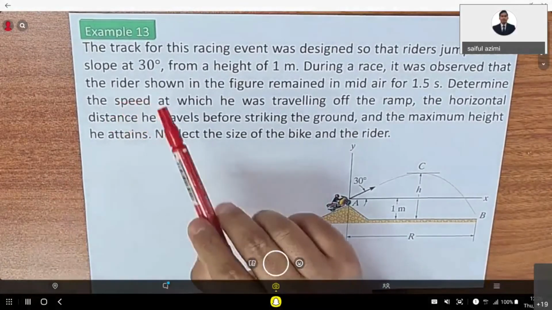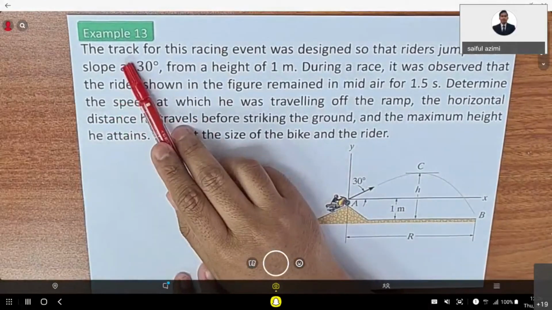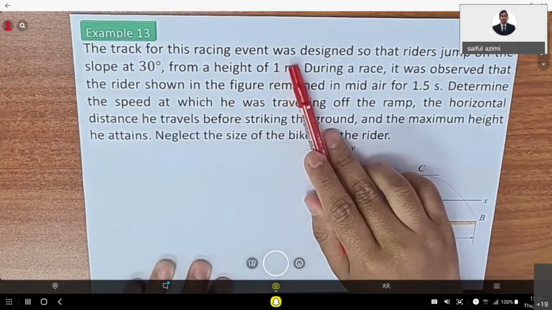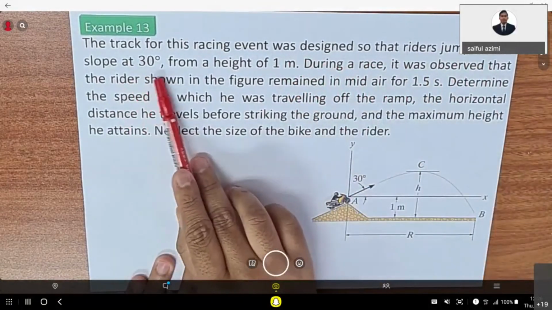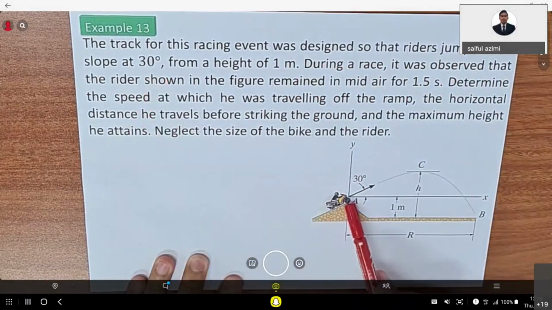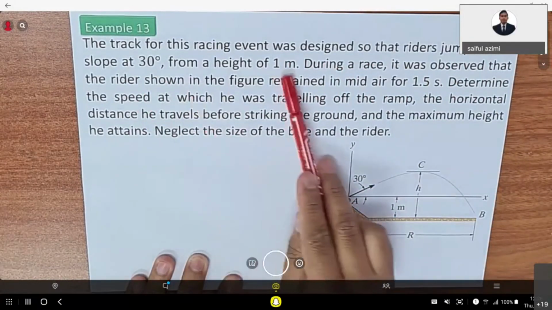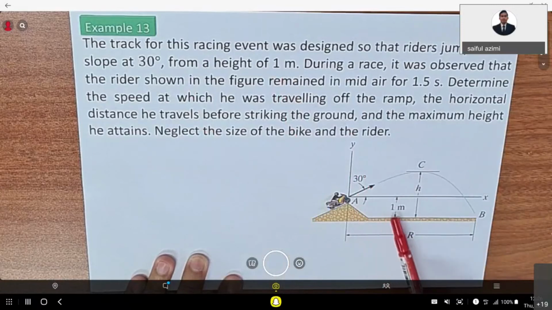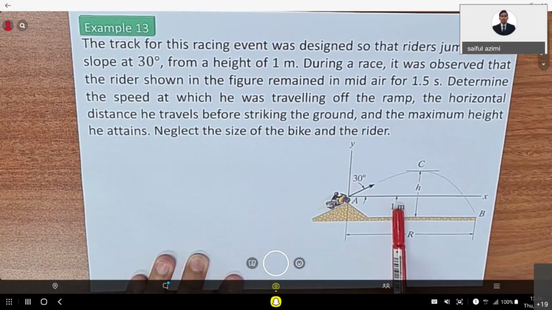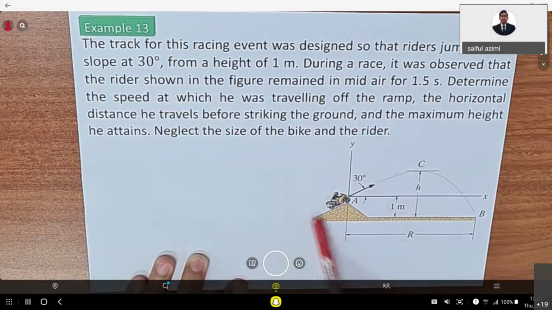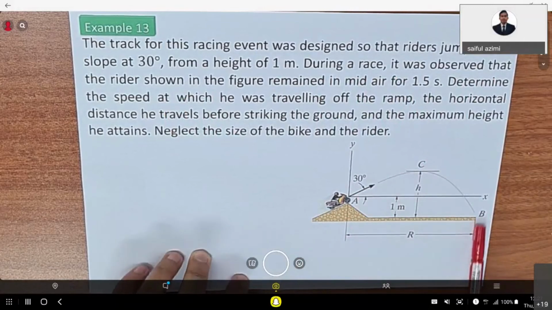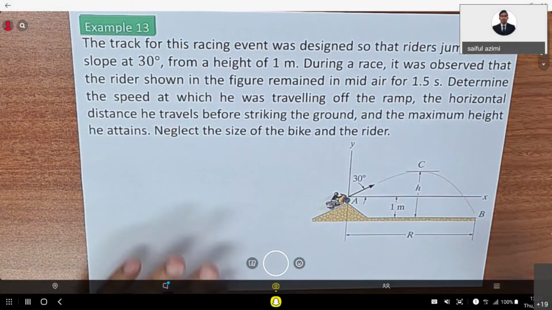So example 13 says that the track for this racing event was designed so that the riders jump off the slope at 30 degrees from a height of 1 meter. So from the origin to the point B, the vertical distance you only get 1 meter here. During a race, it was observed that the riders shown in the figure remain in mid-air for 1.5 seconds.